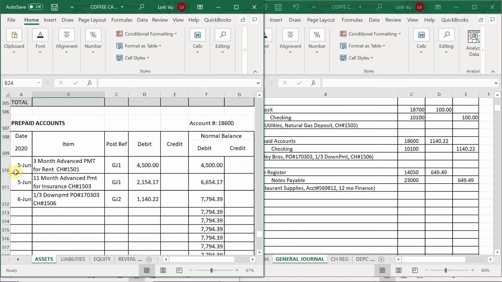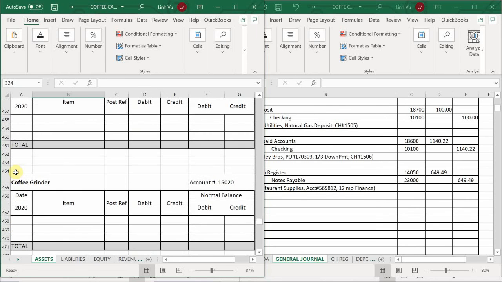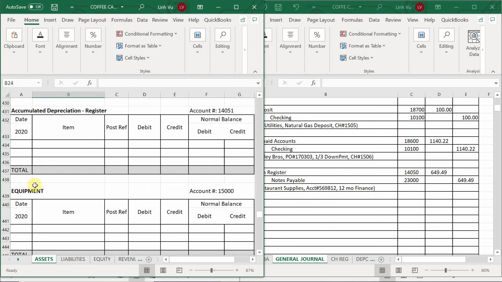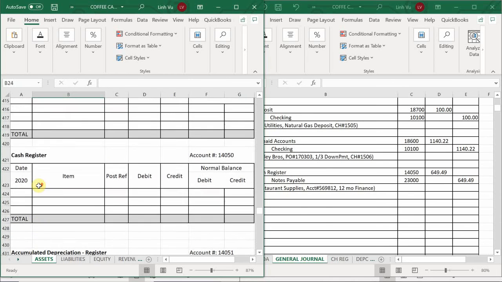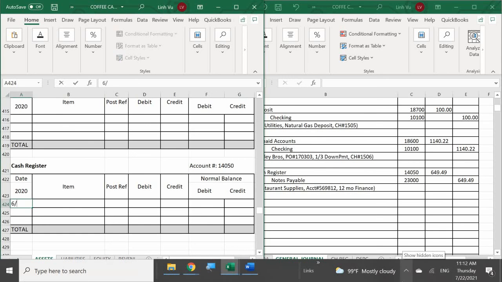Okay. Let me go up one because I passed it. So here's the coffee grinder. So those are your equipments. Here it is. Cash register. So once again, I'm going to go ahead and put the date here as 6/6.